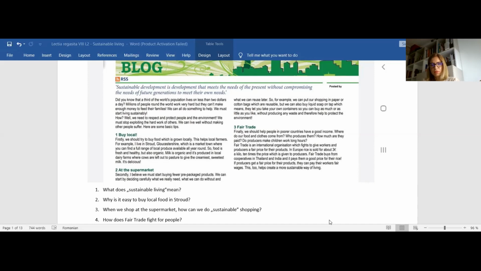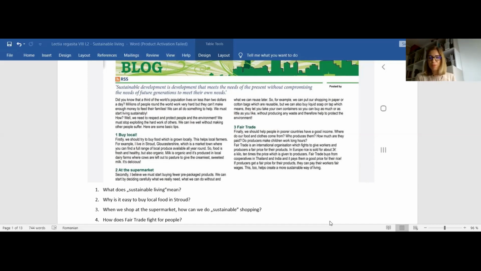In Europe, rice is sold for about $3 a kilo, 10 times the price which is given to producers. Fair trade buys from cooperatives in Thailand and India, and it pays them a good price for their rice. If producers get a fair price for their products, they can pay their workers fair wages. This too helps create a more sustainable way of living.